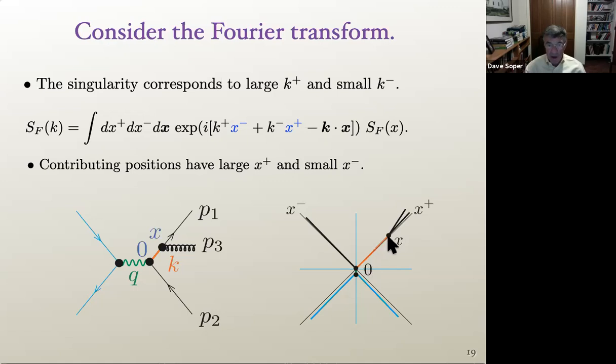It goes a long way in X plus and not very far in X minus, so it's just like I drew it. It's not exactly along the X minus equals 0 axis, but goes a long way in X plus. So singularities of QCD correspond to particles traveling a long way in space-time.